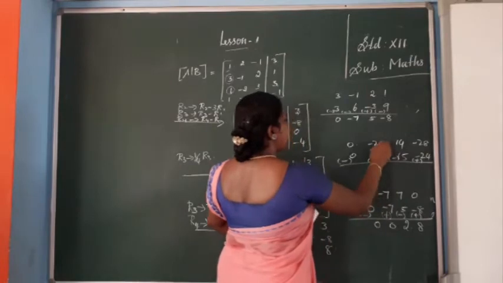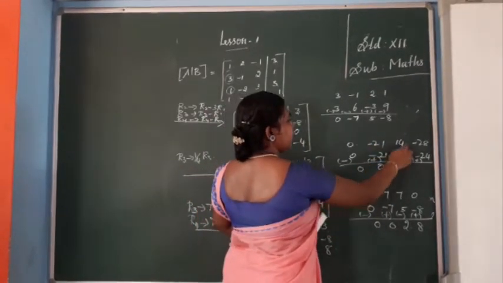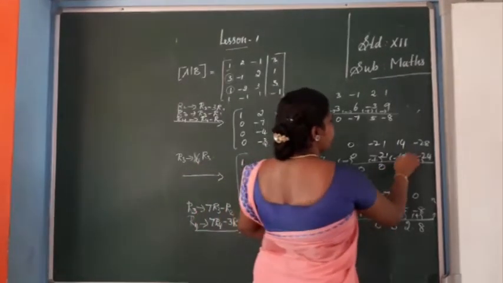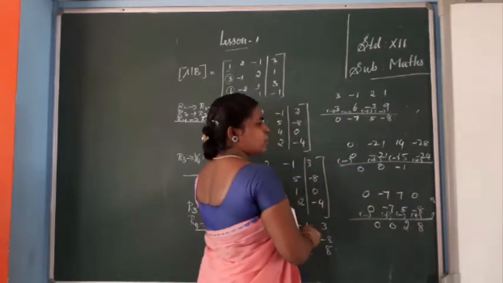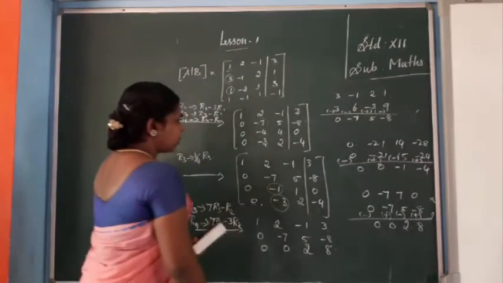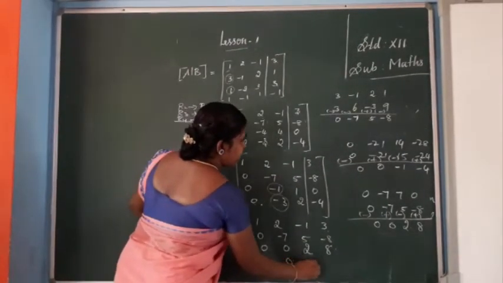Minus 21 plus 21 is 0. Then 14 minus 15, that is minus 1. Then here minus 28 plus 24, what do you get? Minus 4. So 0, 0, minus 1, minus 4.